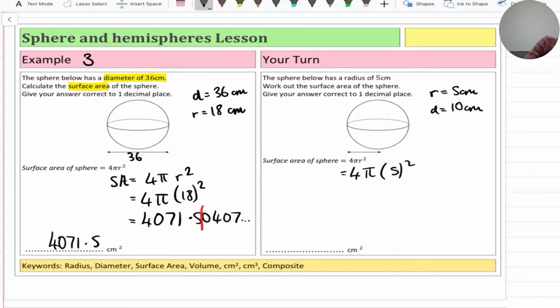So let's work that out, which is 5 squared times 4 times pi, which is equal to, as everybody's put, 314.2 centimeters squared. Brilliant. I've just rounded that straight with the calculator.